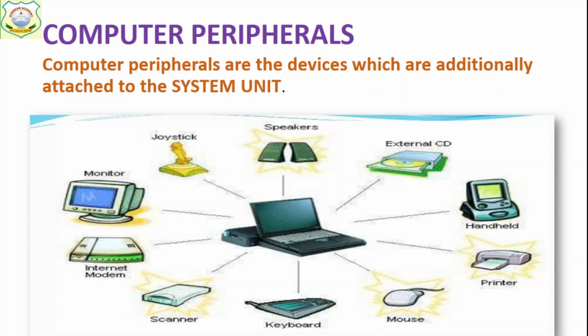The device that is used to enter data in the computer is an input device, and the device that is used to show the process result to the user is an output device.